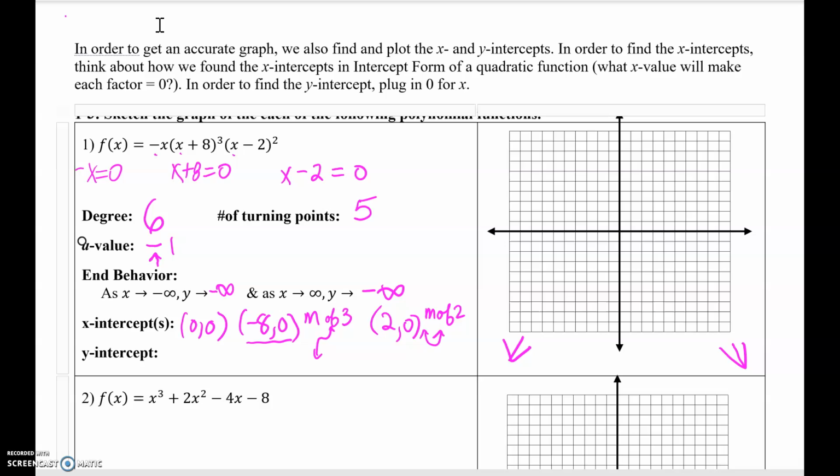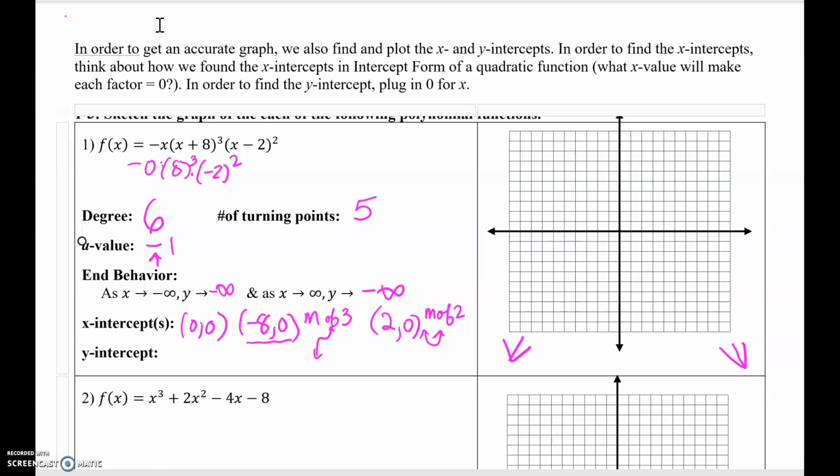What about the y-intercept? Well, the y-intercept we get by plugging in 0 for x. So when I do that, I've got negative 0 times 8 to the third power times negative 2 squared. And 8 to the third power is pretty big.